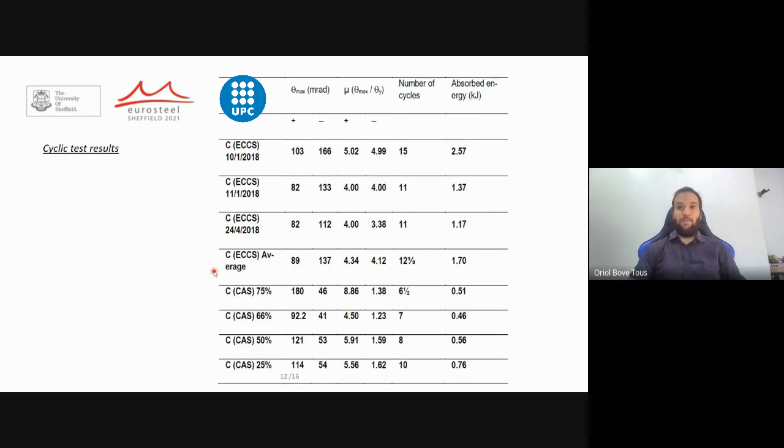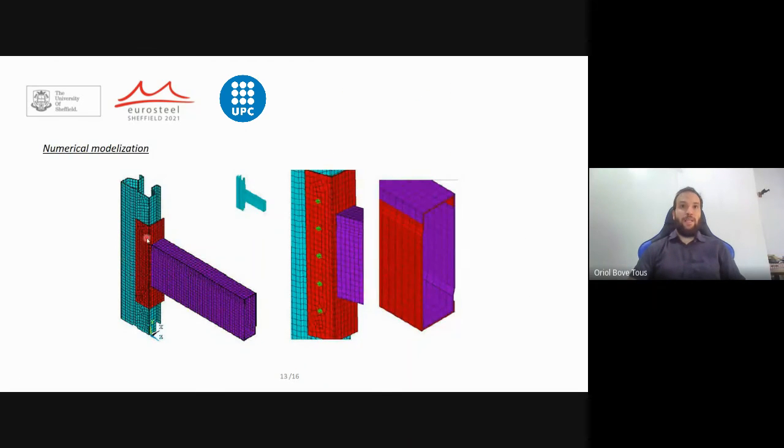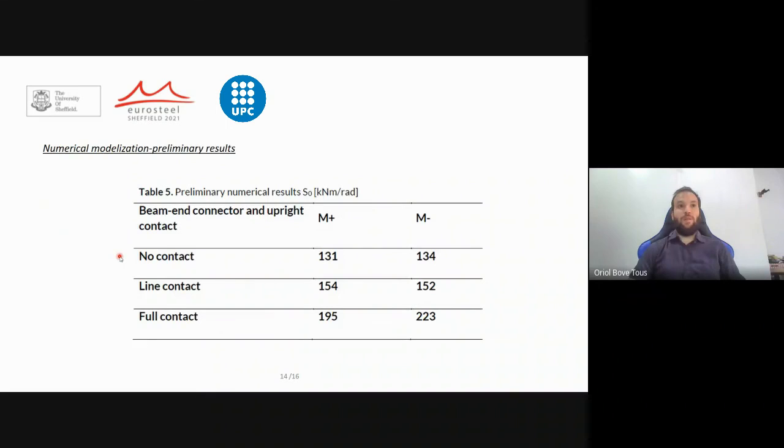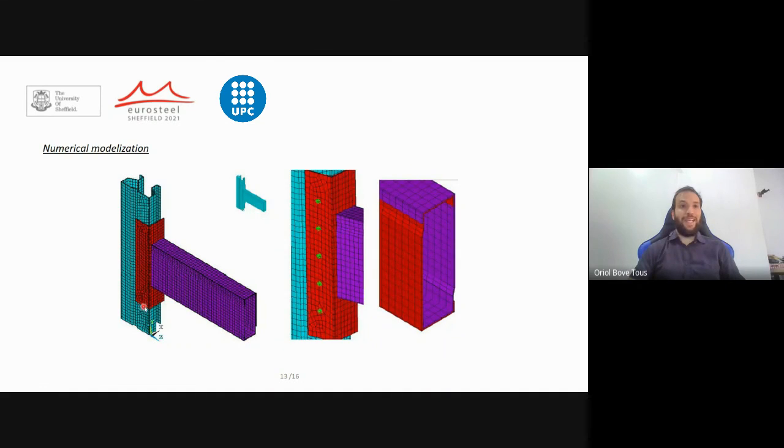Finally, we see here a numerical model we've made in order to obtain a first initial stiffness of this test, and to contrast it with the one obtained in the test. We've done this under 3 conditions. The first one assumes that the end plate does not contact the upright.